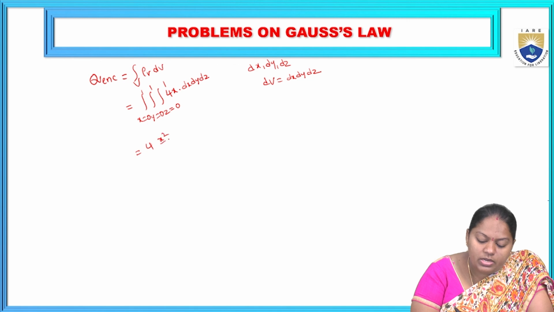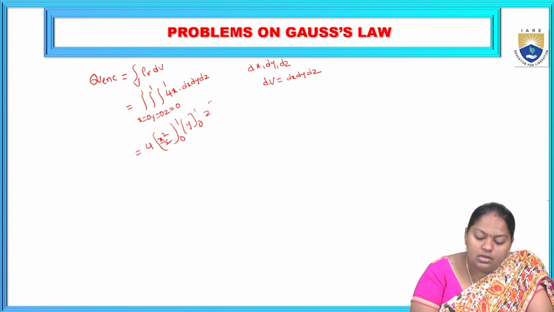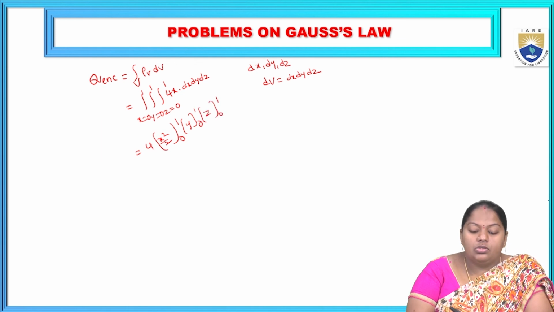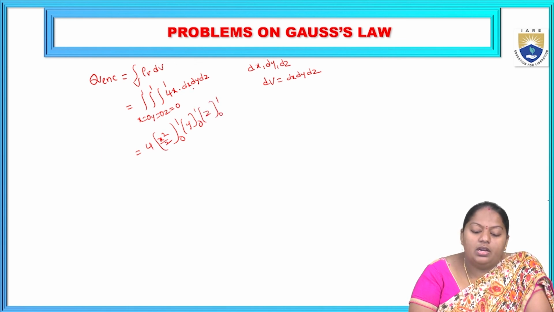Integrating x gives x square by 2, with limits 0 to 1, and y from 0 to 1, z also from 0 to 1. There is no variable in the remaining 1; integrating 1 with respect to y, its result will be y, with limits 0 to 1.